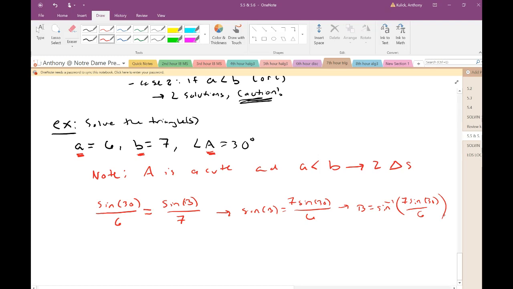When I type this into my calculator, I get 35.7. This is the point where the second solution is going to come in.